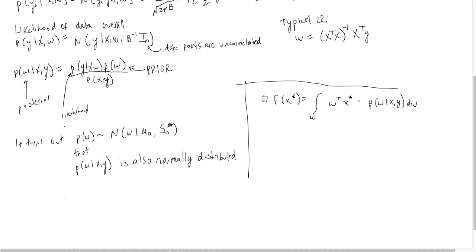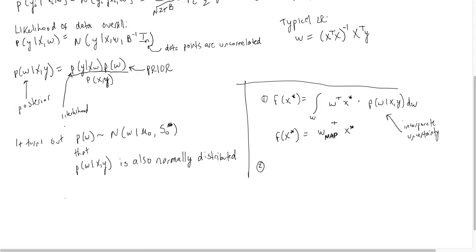So that's one way. The second way, which would not incorporate uncertainty in your prediction, is you could just take the most likely w, the maximum a posteriori w, and transpose that with your new point. But the option above allows you to incorporate uncertainty into your prediction. So that's considered one advantage.